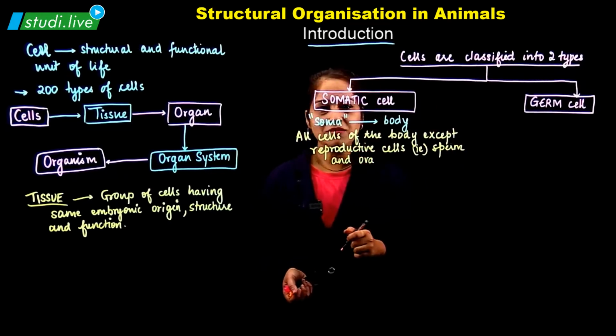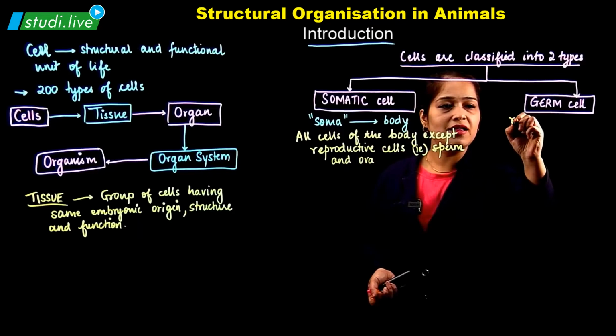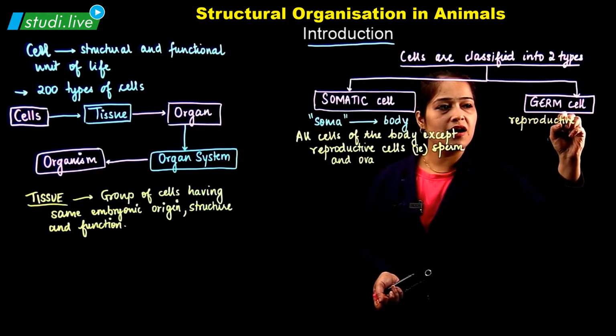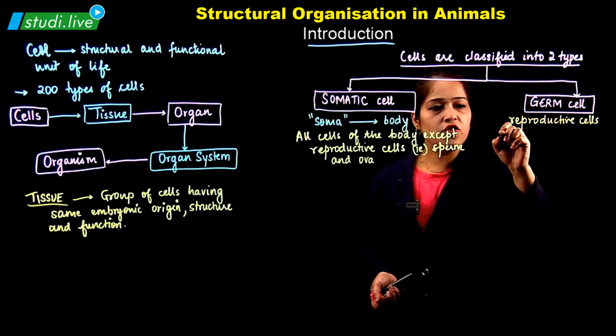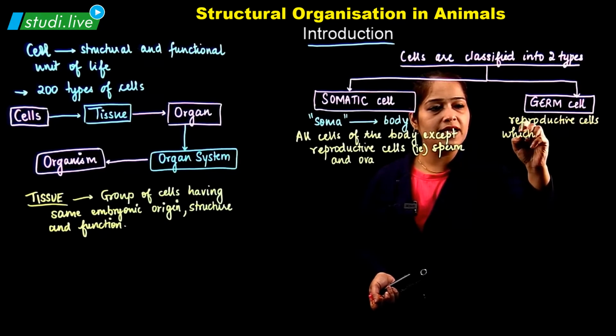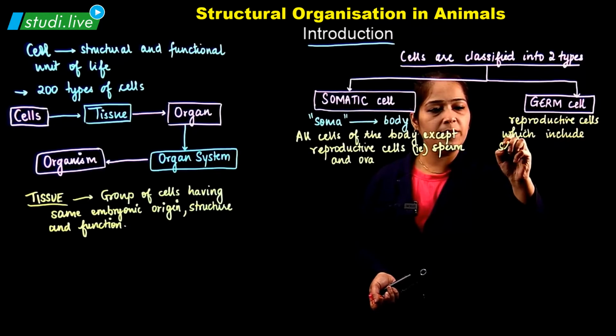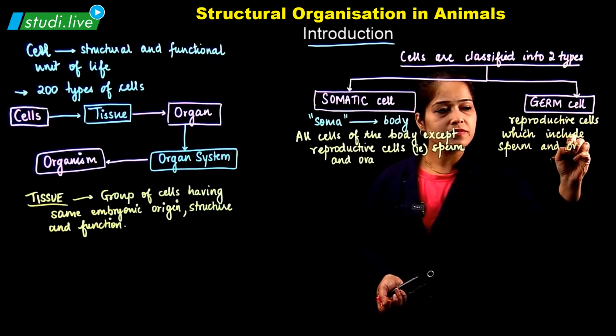When we say germ cells, these are the reproductive cells of the body, which include the sperm in case of male and ova in case of female.